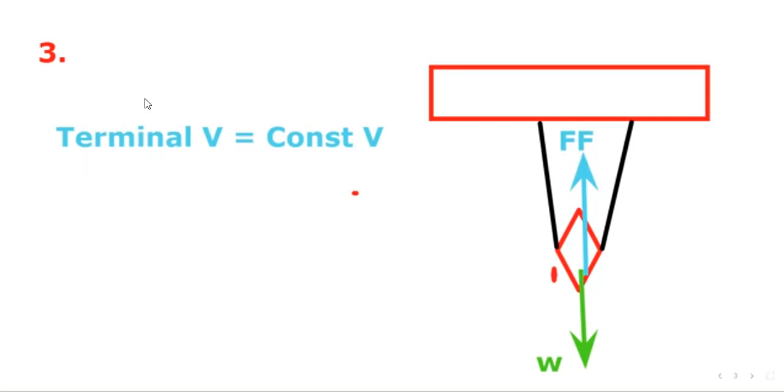Now you can see when the object is moving with terminal velocity, it means its weight is equal to friction force. Then the object moves with the terminal velocity.